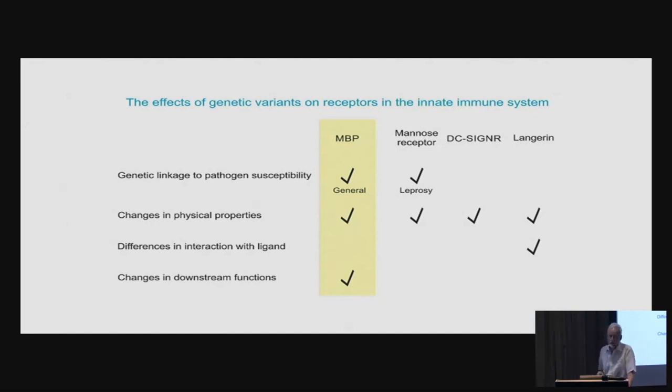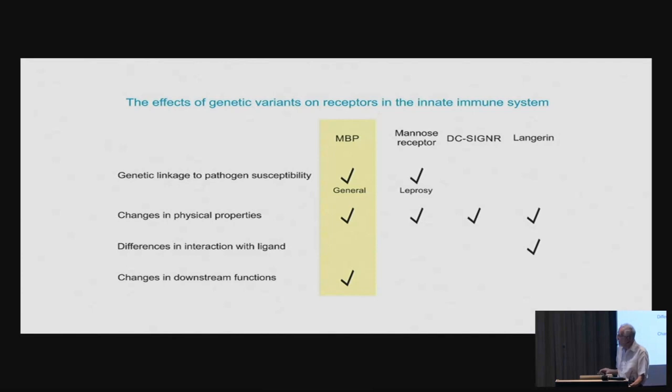DC9R certainly has polymorphisms that can change the oligomeric state of the receptor, but there have been on and off reports of linkage to viral susceptibility. Langerin has actual mutations in the binding site that change the specificity, all of these in human populations.